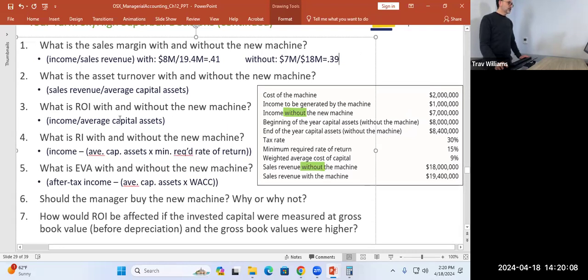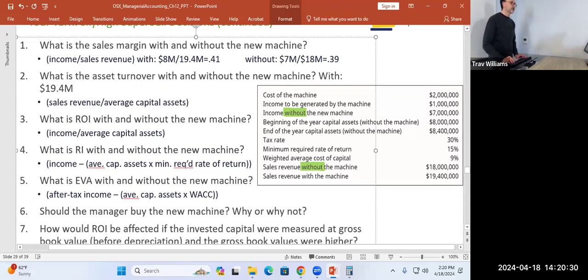Okay. Let's go on to number 2, sales revenue divided by average capital assets. Well, we just saw the sales revenue was 19.4 with the machine. So 19.4, and then we have to divide it by average capital assets.